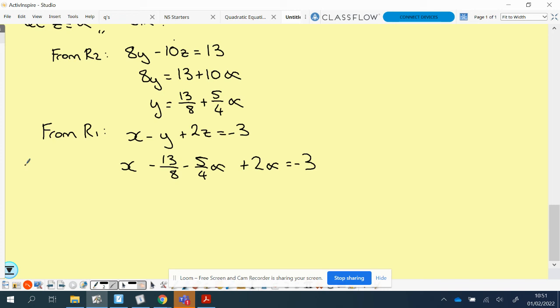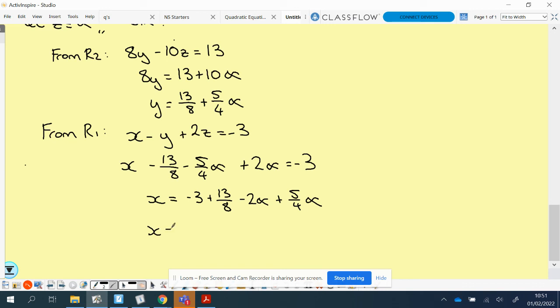So if you take everything over to the other side, okay, so you end up with -3 minus 13 over, sorry, plus 13 over 8, minus 2 lots of alpha, plus 5 over 4 lots of alpha. Okay, so that's what I'll just put everything on the other side so I can get x.